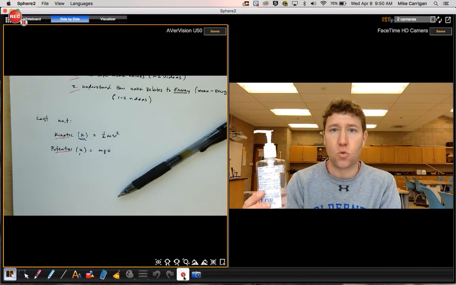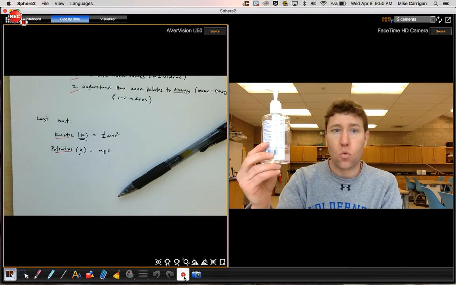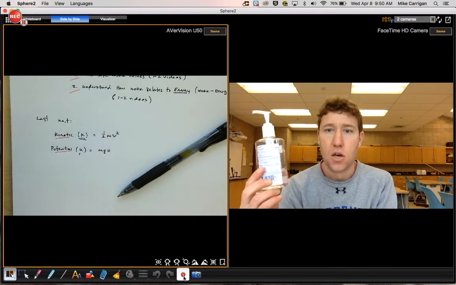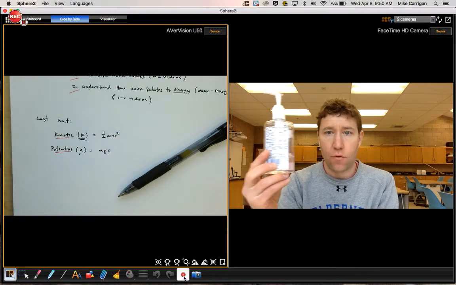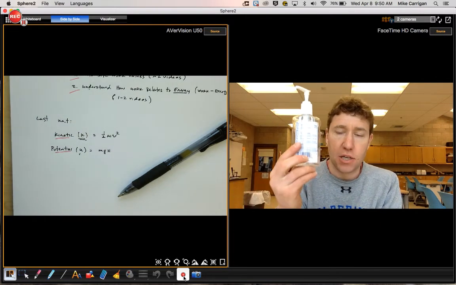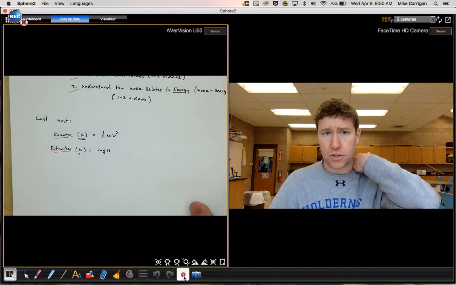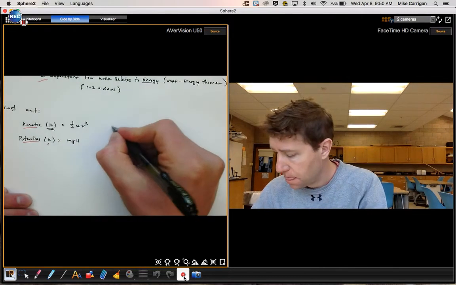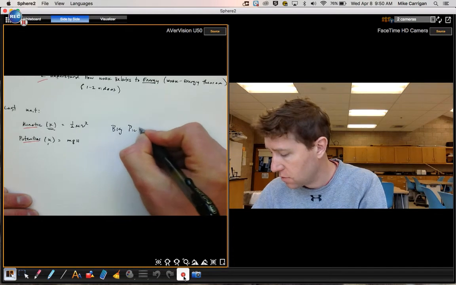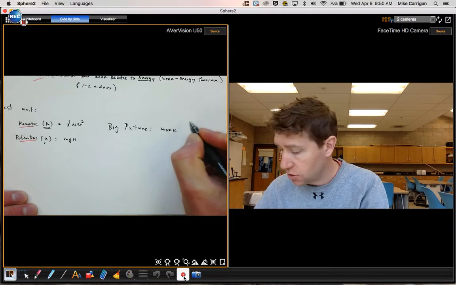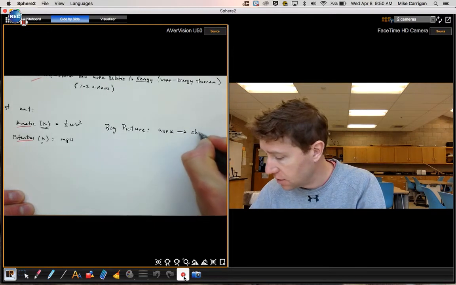That's a case where I did work, and however many joules of work I did, all of those joules ended up in the form of gravitational potential energy in the bottle of hand sanitizer. So that's really big picture: work relates to the change in energy.